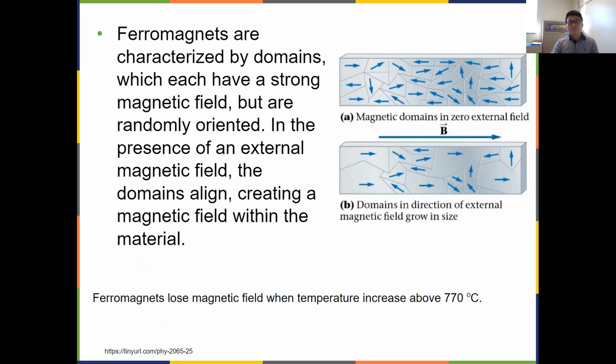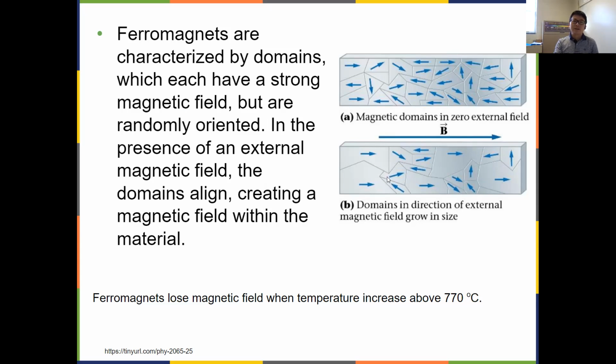So the whole thing will have a net magnetic field. Other magnetic materials are not ferromagnetic. But you can actually align the material domains inside an external magnetic field, so they line up in one direction.